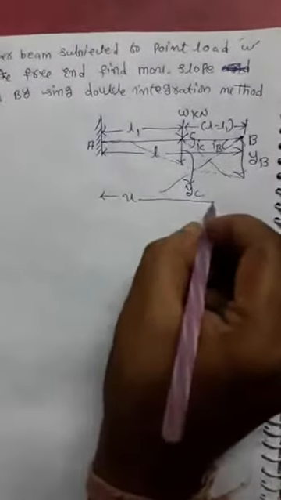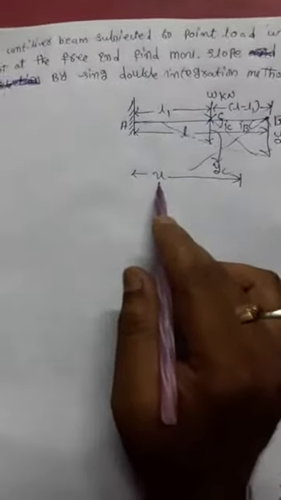For finding the distance of maximum deflection, you need to assume that distance as x from the fixed end. You can assume it from the free end also, but I assume this distance from the fixed end as x.